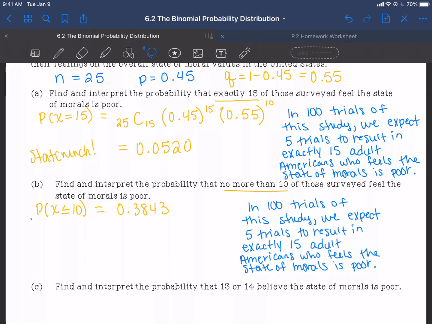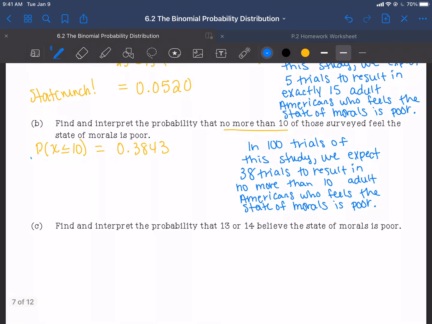In 100 trials of the study, we would expect 38 trials to result in, let's see here, no more than 10 adult Americans who feel the state of morals is poor. Okay, so 38% of 100 is how we get the 38 trials we're talking about there.